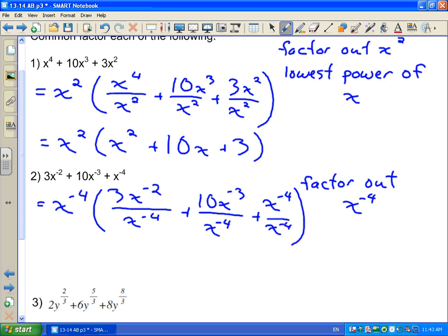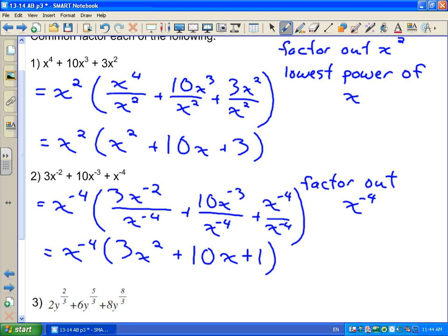I'm still applying those exponent laws, but I'm subtracting a negative exponent, so I'm adding exponents. So I'll get x to the negative 4 times 3x squared plus 10x plus 1.